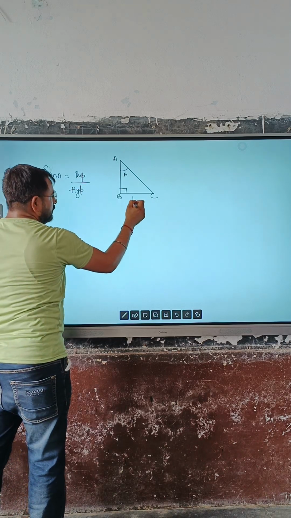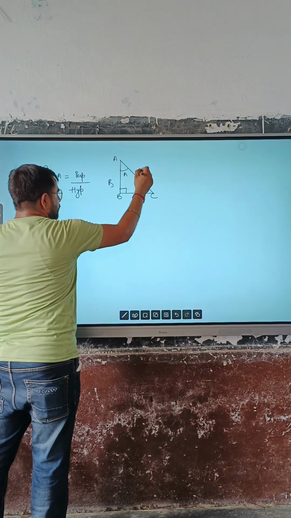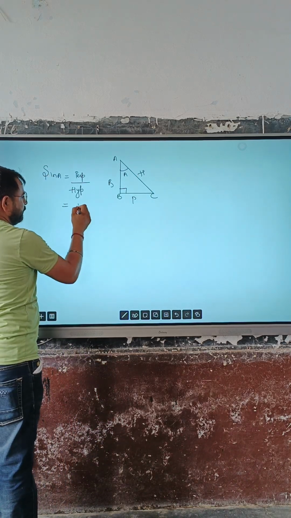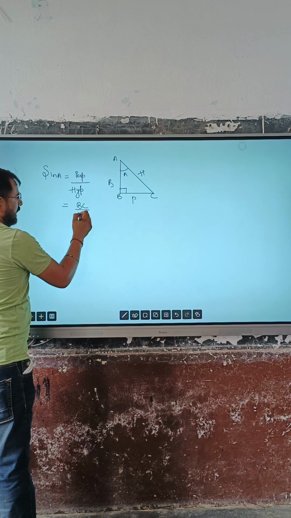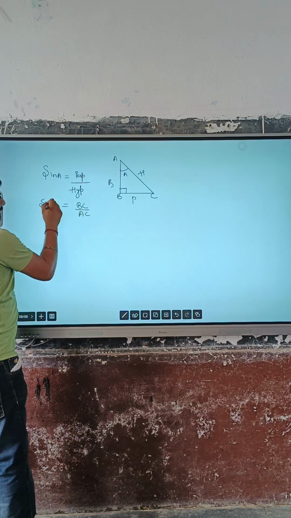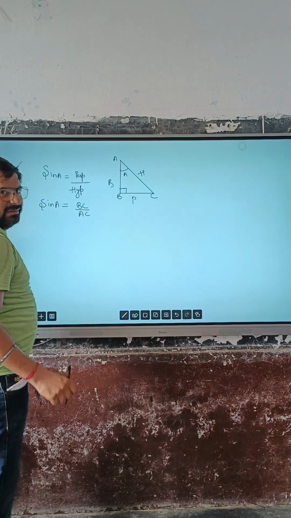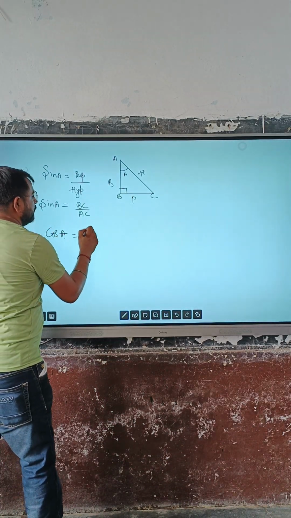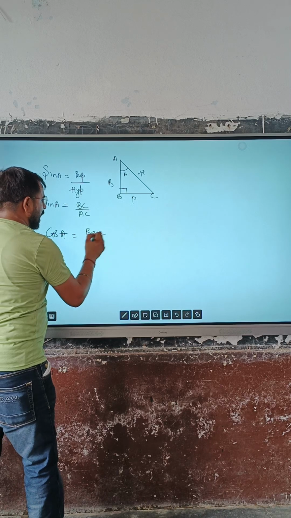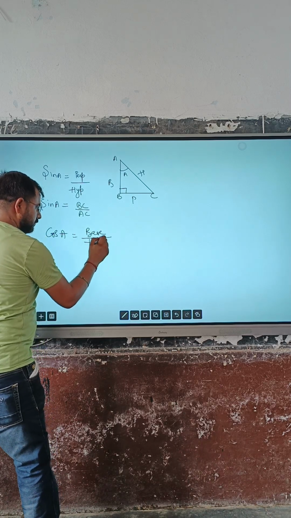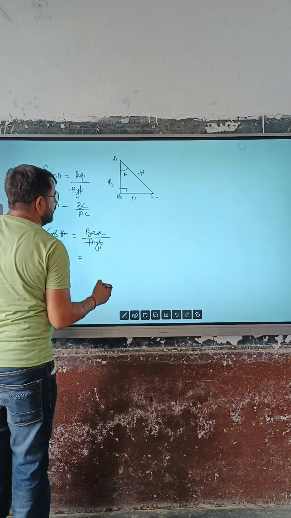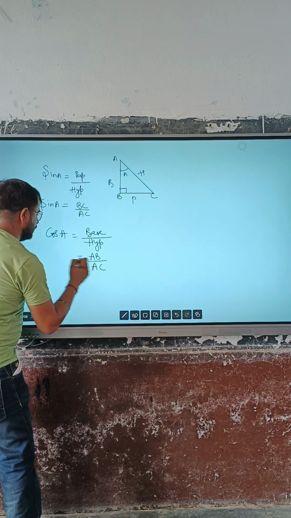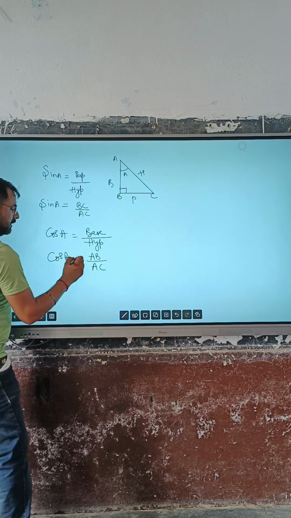According to angle A, this is perpendicular, this is base, and this one is hypotenuse. So sine A is BC upon AC, as I described in the last slide. Next is cos of angle A, that is base upon hypotenuse. Base is AB and hypotenuse is AC. So cos A is this.